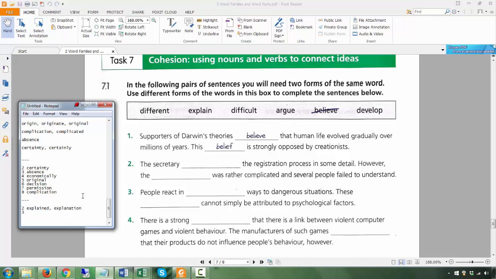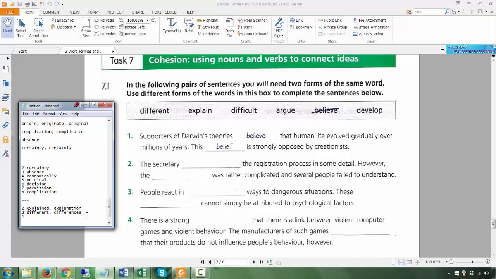Okay. People react in different ways is a noun. Different is the adjective. These are many. These differences. Okay. Different is an adjective describing the ways. These is going to be the noun. Difference is a noun. Differences the plural.